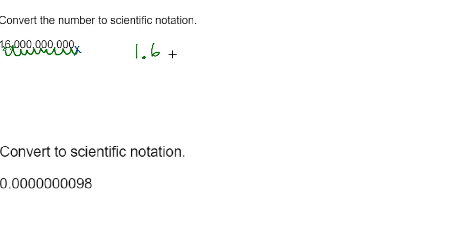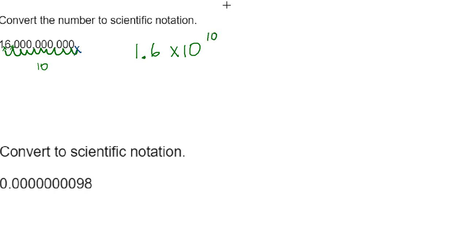Right. Then this part's always the same for every scientific notation number: times 10 to the power of, and the power you want to raise the 10 to is however many times you moved the decimal place. So we moved it 10 times. Right? It was 9 times up to here, and then this was the 10th time right here. So the exponent here will be a 10.